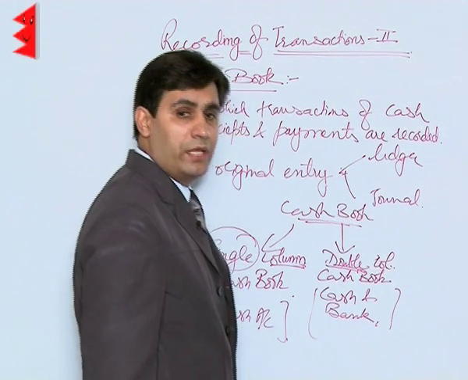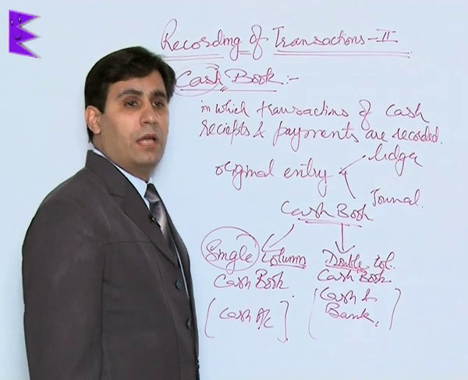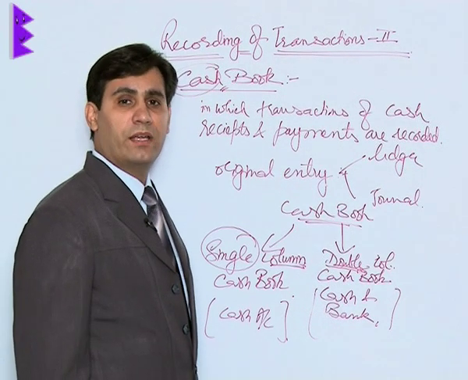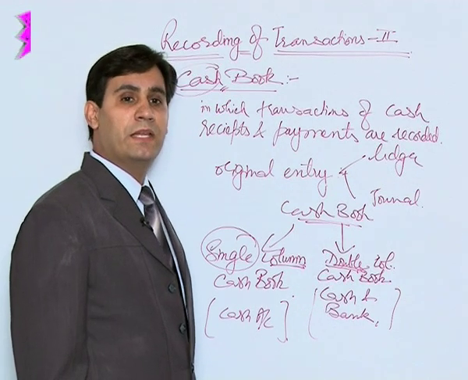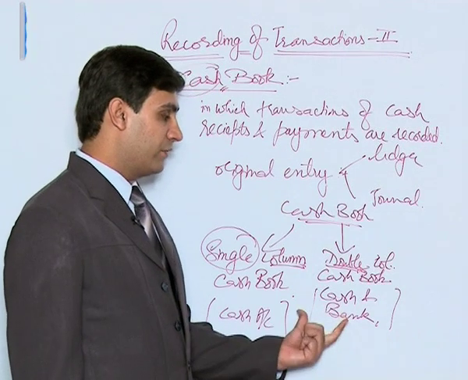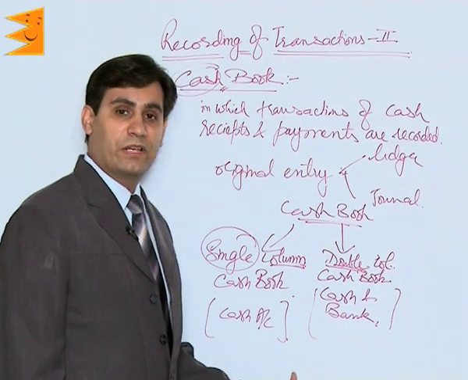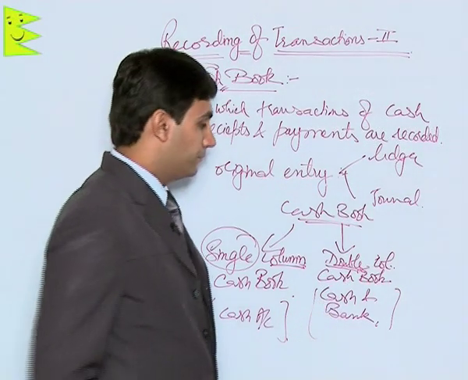Now students, in modern day business, cash and bank are used synonymously. I mean, you can make payments through check, they are counted as if they are made through cash only. Nobody minds being paid in cash or by check. So this kind of cash book maintains two types of accounts, that is the cash account and the bank account.